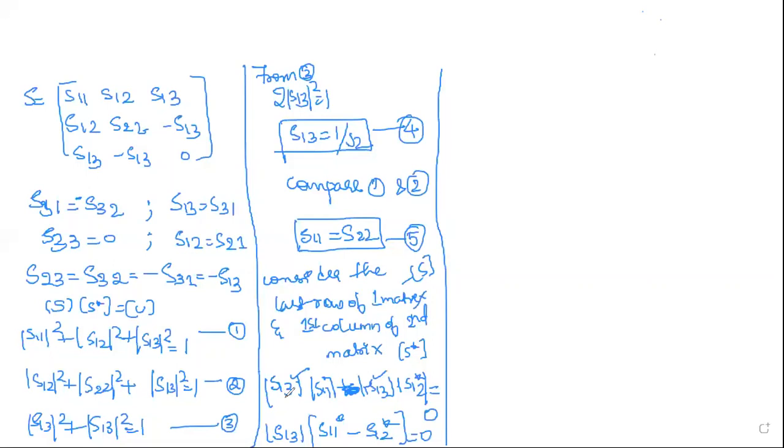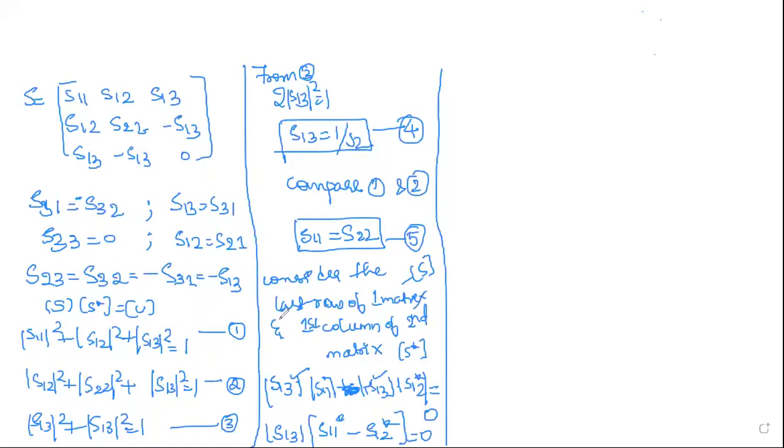The last row, last element is multiplied with 0, so it will not be there. So you'll be having only S13, S11 star minus S13, S12 star, which is equal to 0, from the unity matrix which I have written. Take out S13 outside, S11 star minus S12 star will be remaining.